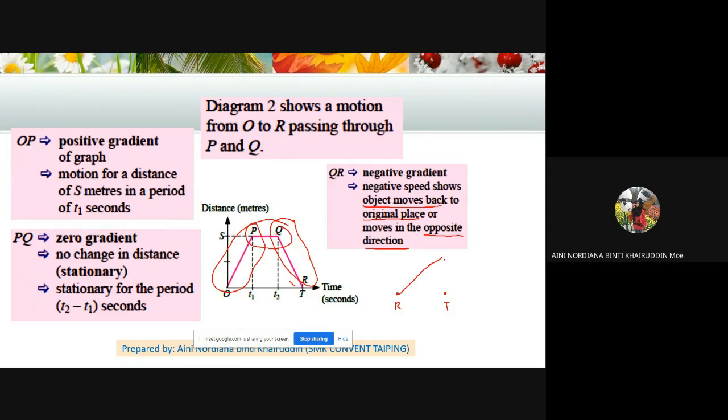So dia punya speed akan jadi negatif. Tapi dia tak lukis macam ni lah. Bukan, maksudnya dia tak lukis terbalik lah macam ni. Sebab masa dia berbeza kan. So dia akan lukis macam ni. So ni kita faham lah. Kalau negative gradient ni sama ada dia patah balik atau dia move opposite direction. Okay, ada soalan tak?